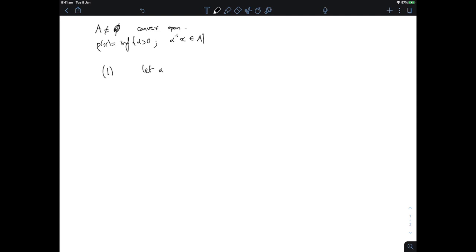I give myself an alpha in R, maybe non-zero, I give myself a beta that is positive, and I give myself a vector x. Now notice that asking for 1 upon alpha times x to be in A, which would be what we need to say that rho of x is smaller than alpha, is literally exactly the same thing as asking for beta upon alpha beta, obviously, of x to be in A.